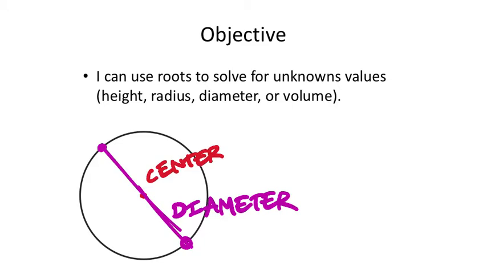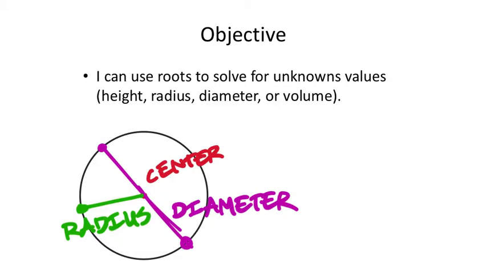Now there's more vocabulary than what I'm giving you today, but that's for a different grade. Now if you go from the center just to the edge of the circle, like this, that is what we call radius. And yes, you should have learned this in 7th grade, but here we go. So radius like this, notice that it is also half the diameter because it only goes from one edge of the circle to the center, whereas the diameter not only goes from the edge of the circle to the center, but all the way to the other edge of the circle, okay?